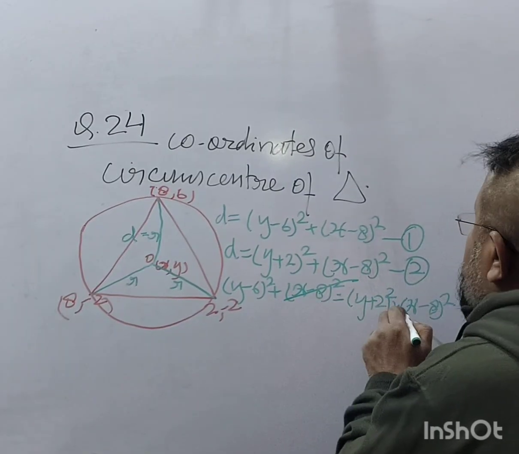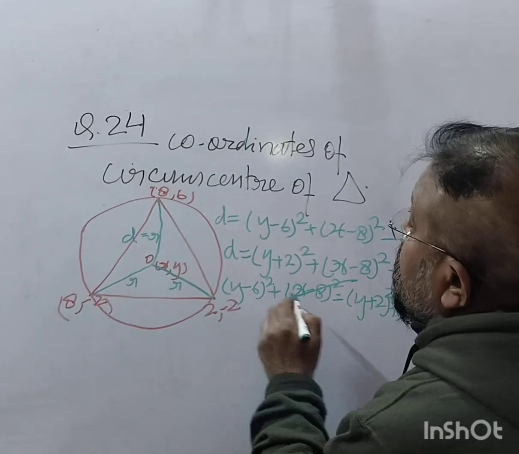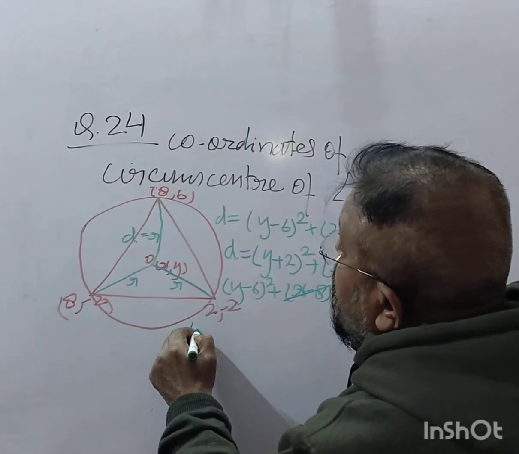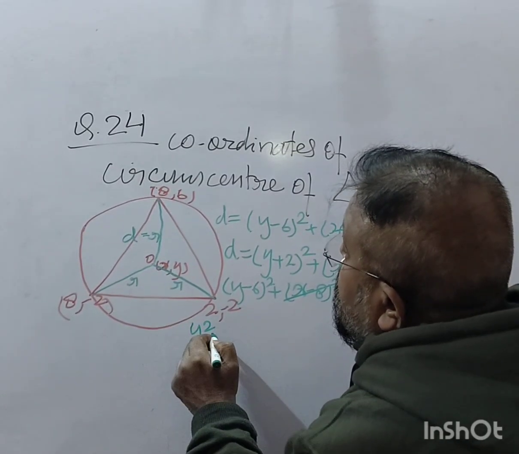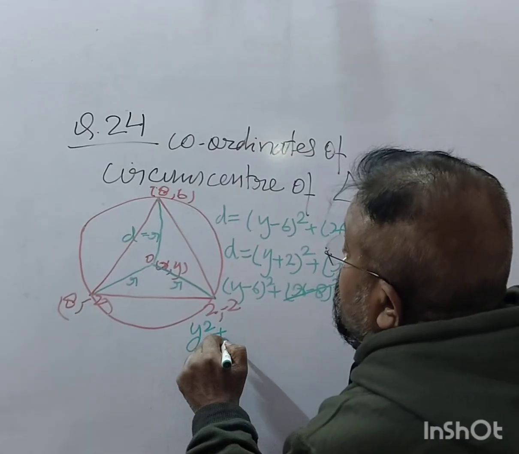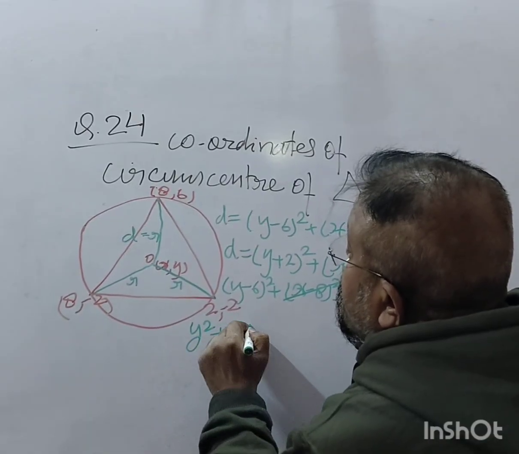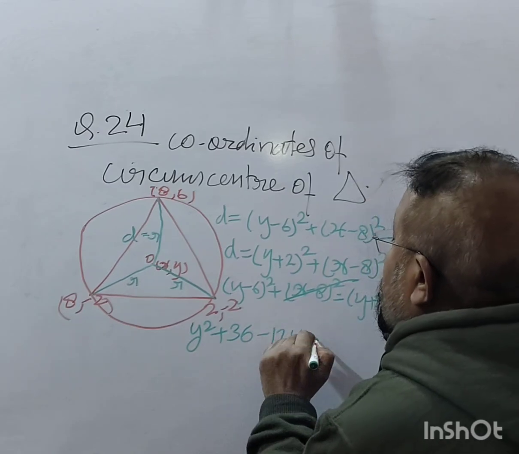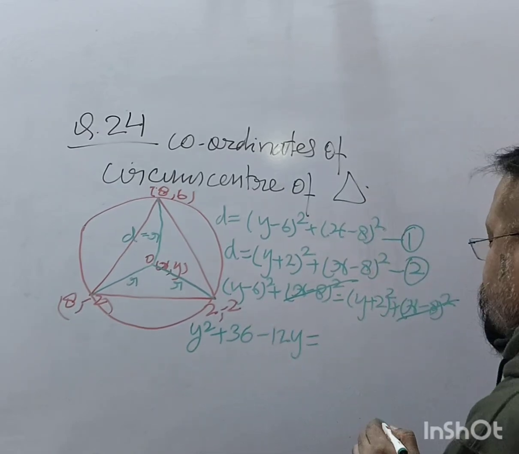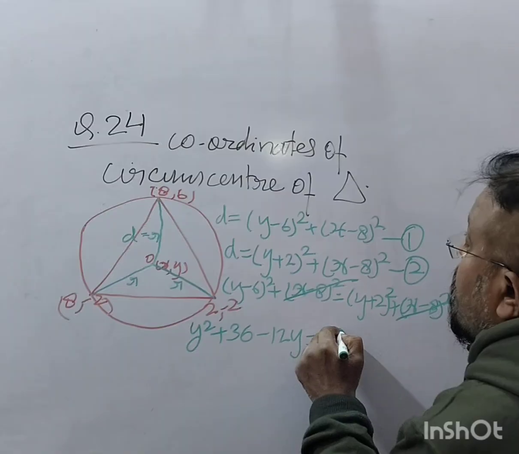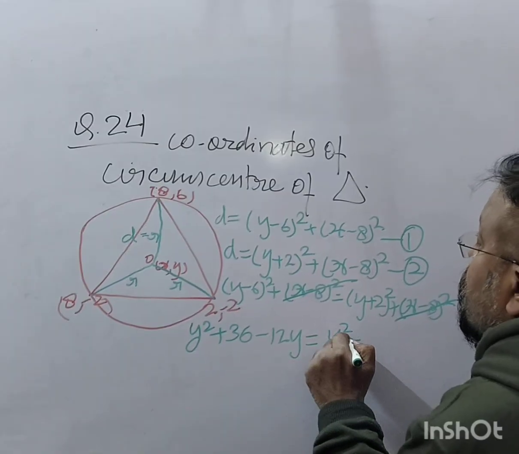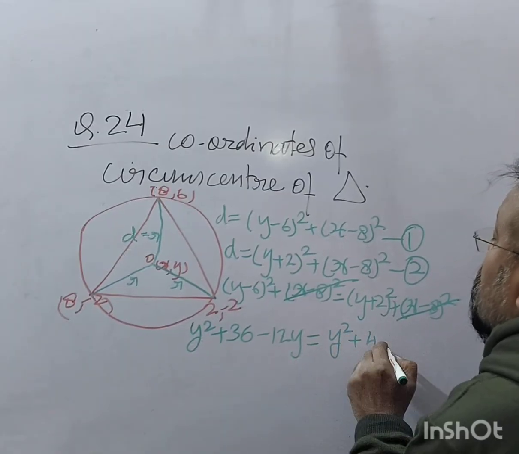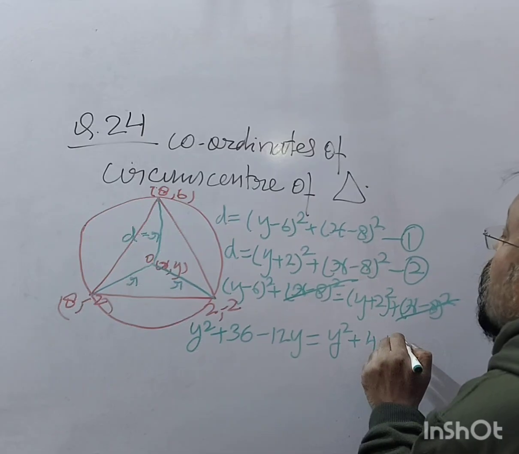The x minus 8 square cancels out, and you get y square plus 36 minus 12y is equal to y square plus 4 plus 4y.